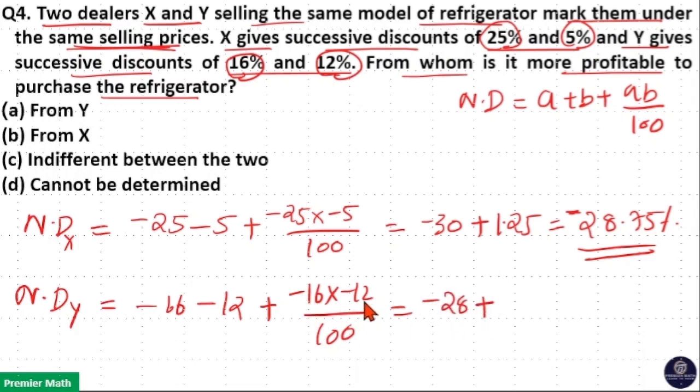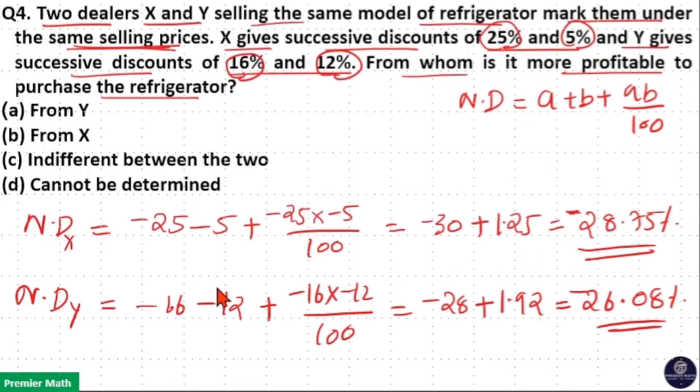Minus 16 into minus 12 is equal to plus 192. Plus 192 by 100 is equal to plus 1.92. So this will become minus 26.08, which means discount of 26.08%.